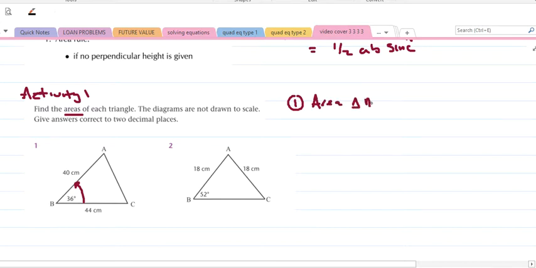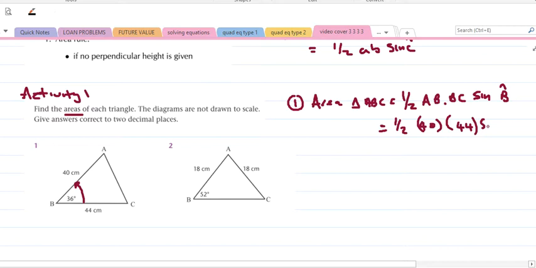So we start by saying area of triangle ABC is half. Now, I would prefer to write it in terms of the sides, which is AB times BC sine of angle B. The reason why I'm writing it in terms of the sides of the triangle is when you have multiple triangles, then it is difficult to use the lowercase letters. Let's substitute. AB is 40, BC is 44, and sine of 36 degrees.